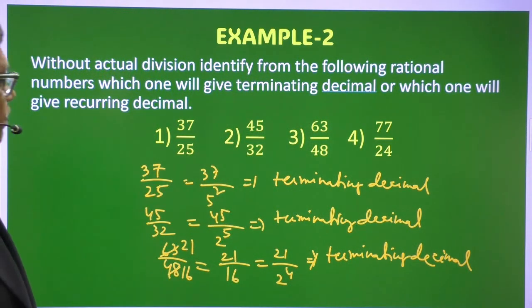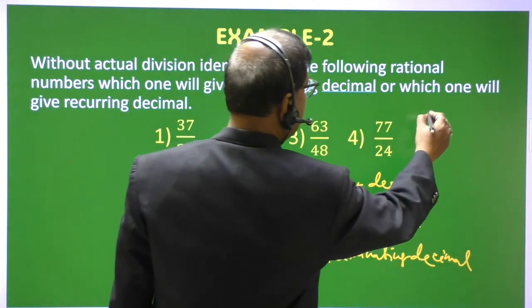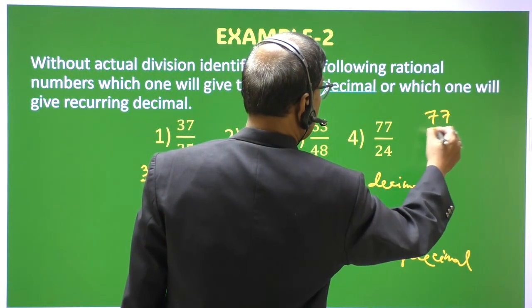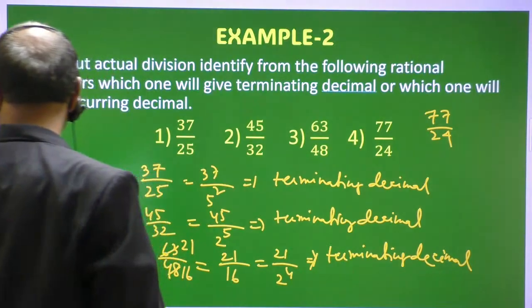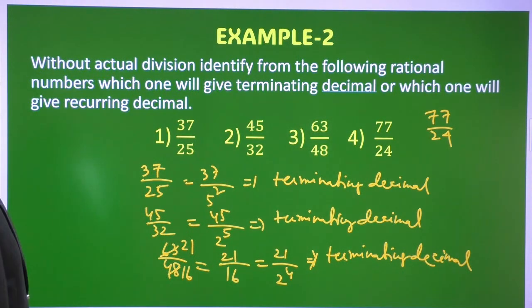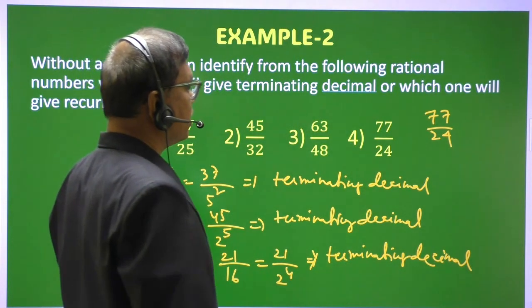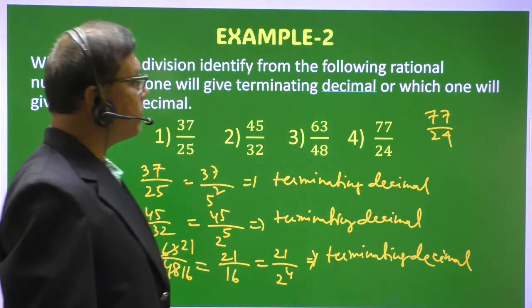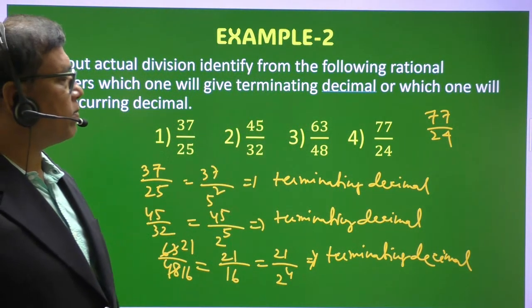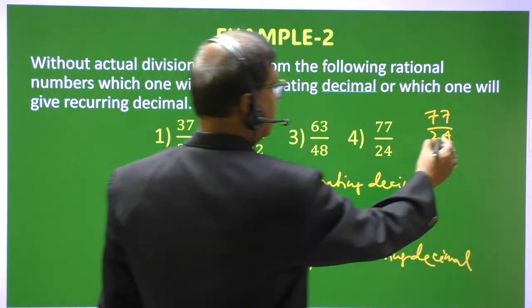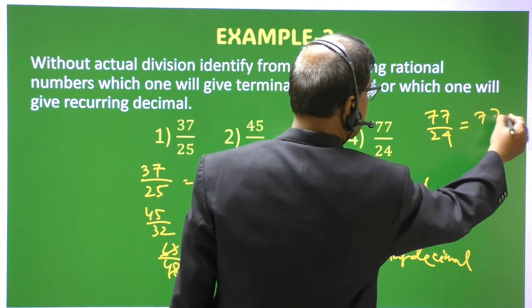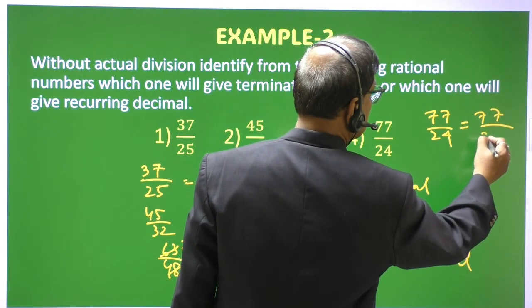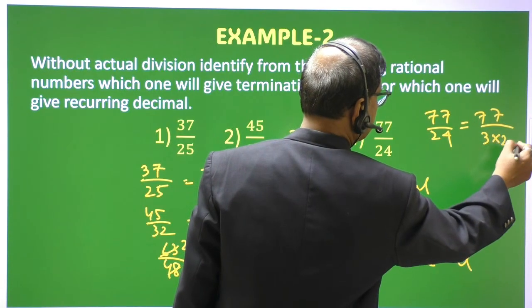Now fourth sum, 77 upon 24. Is it in lowest form? Obviously it is in lowest form. So now 77 upon 24, 3 into 8, 3 into 2 cube.